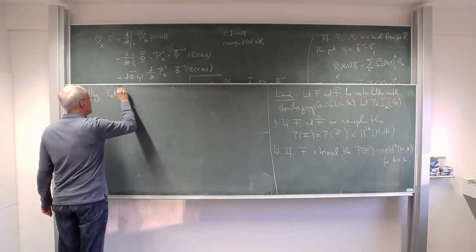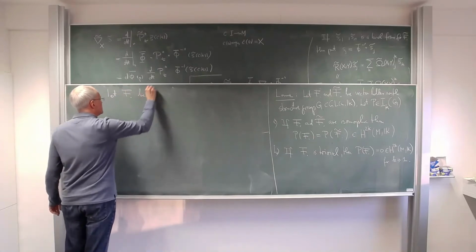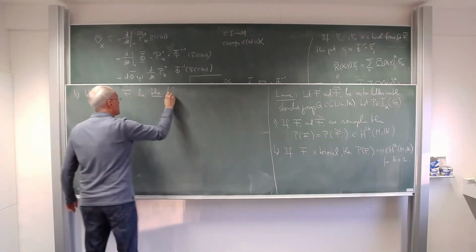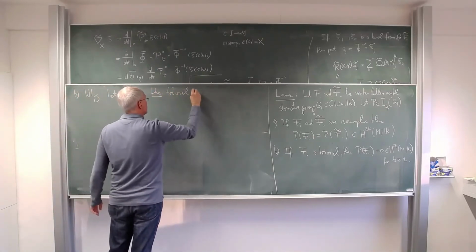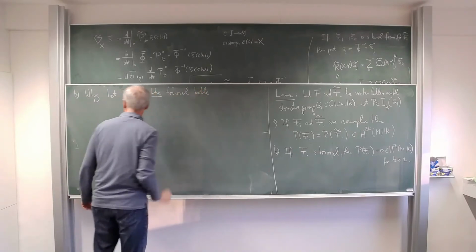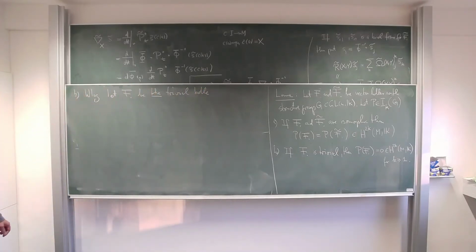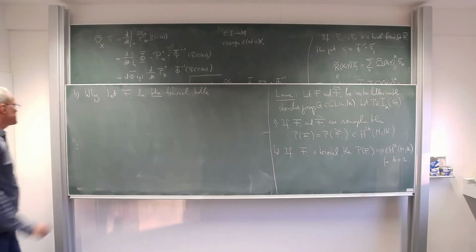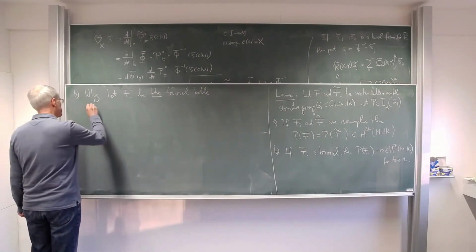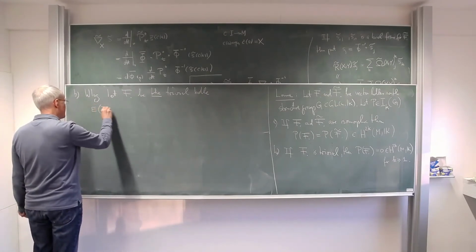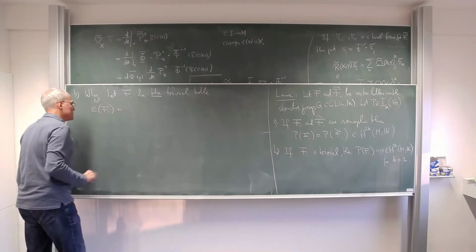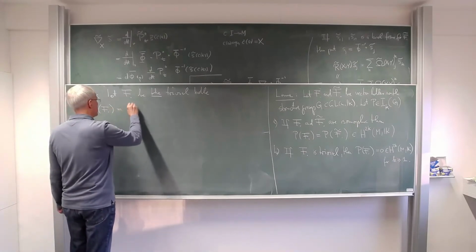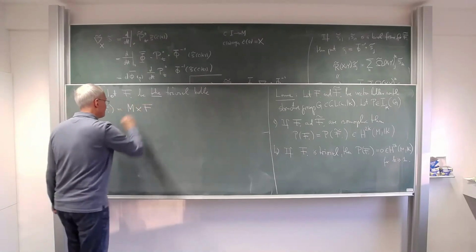Let f be the trivial bundle. Well, let's see. In this case, the total space of f is just the manifold cross the model fiber.